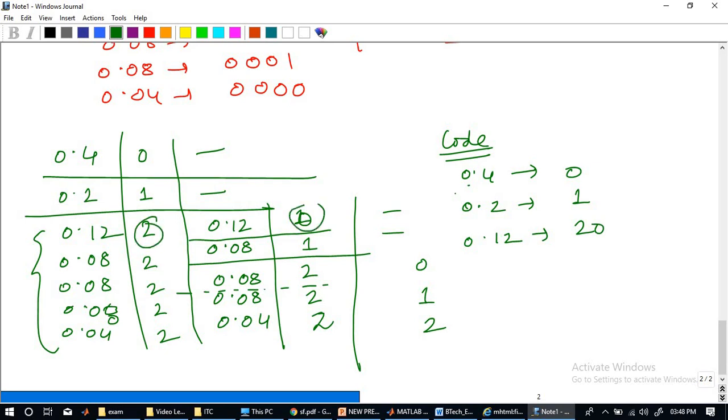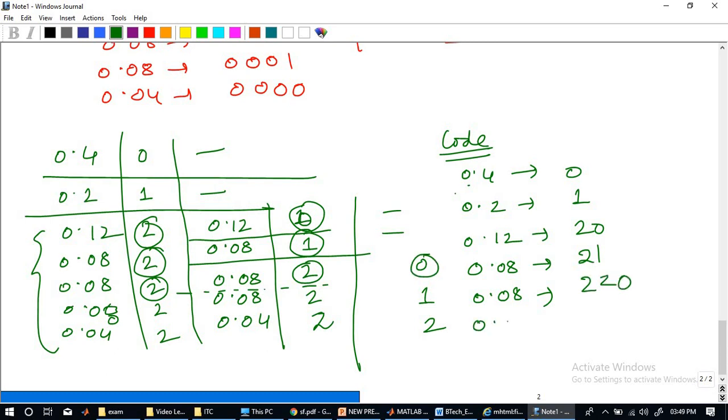The first 0.08 is 2, 1, 2, 1. The second 0.08 is 2, 2, 0. The third 0.08 is 2, 2, 1. And the last one, 0.04, is 2, 2, 2.